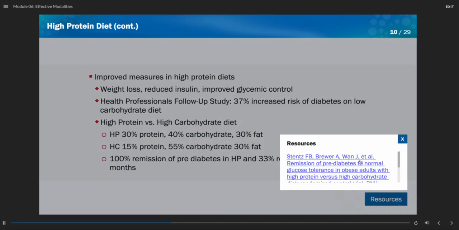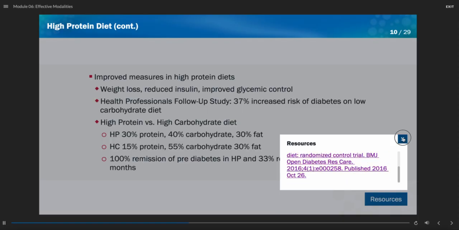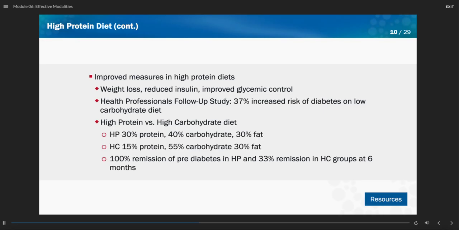If we compare a high-protein diet versus a high-carbohydrate diet, such as in the study comparing these 2 diets, it's interesting to go into the methods to find out what they were actually utilizing as the dietary intervention. In the high-protein diet, they were utilizing a 30% protein, 40% carbohydrate, 30% fat diet.